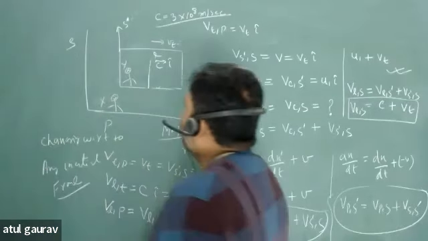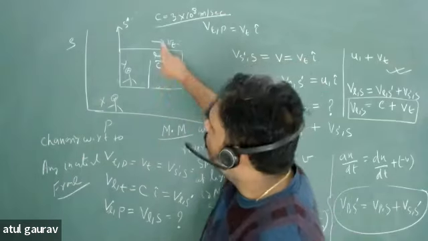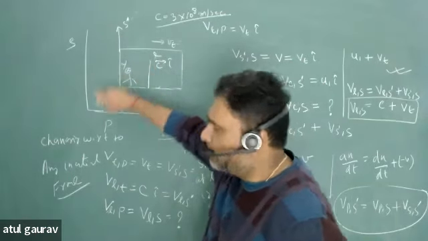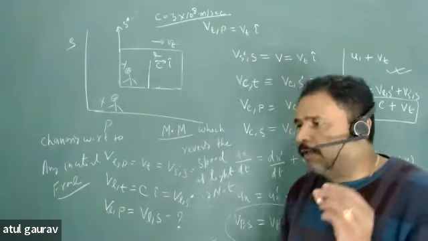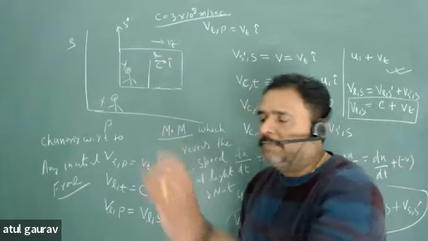Either you see this light pulse from the train or from the platform, you always have to calculate the same speed C.